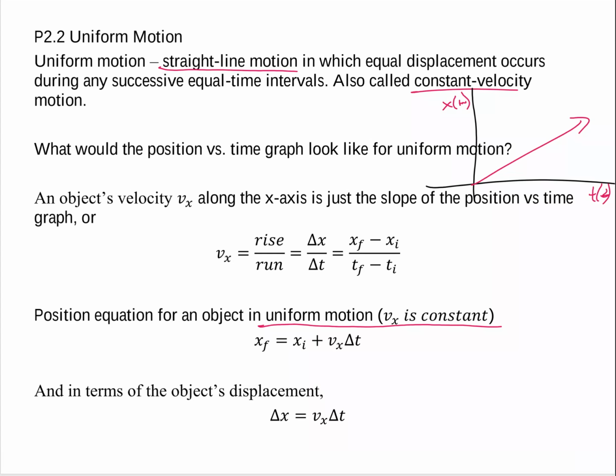x sub f is the final position, x sub i is the initial position, v sub x is the velocity, of course, and then delta t is the change in time. And that takes care of all of the little unknowns for both of those equations. So pretty straightforward. Now, how does this correlate to what we know from like an algebra class?